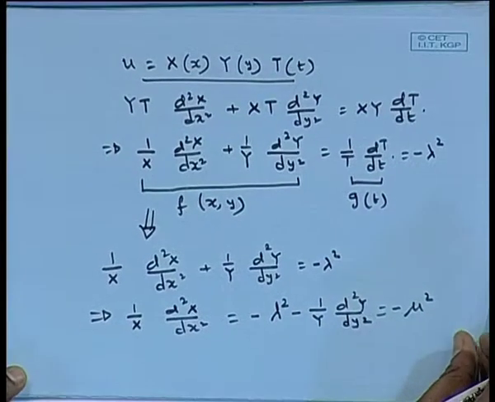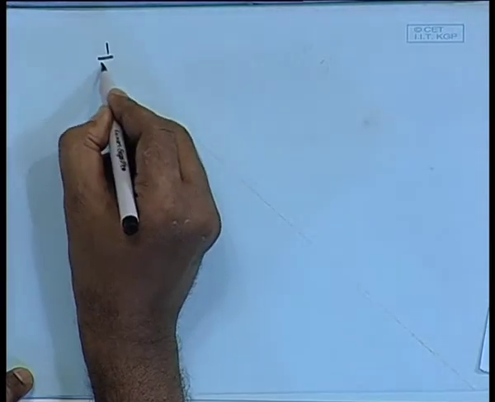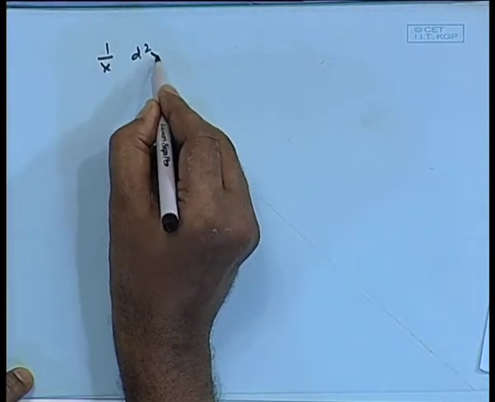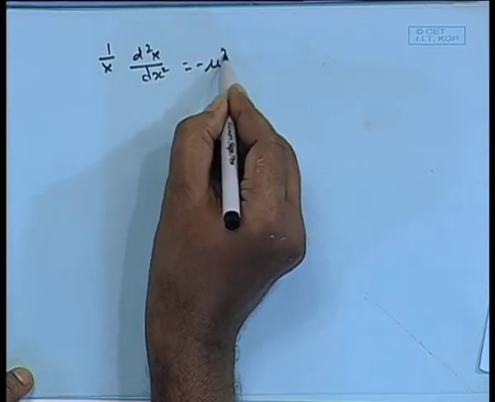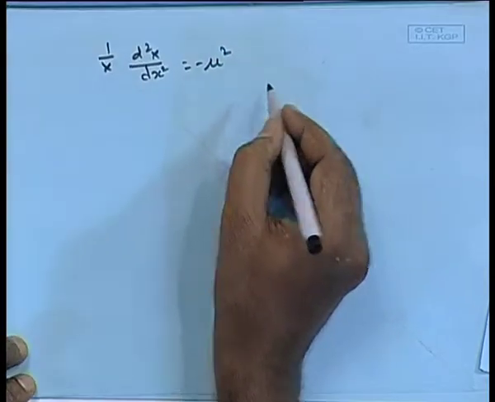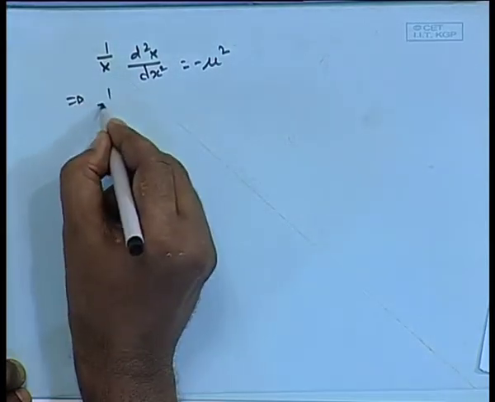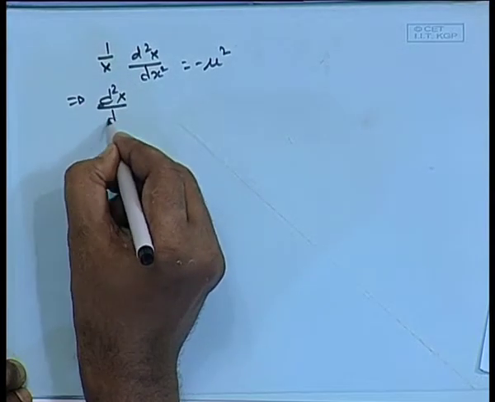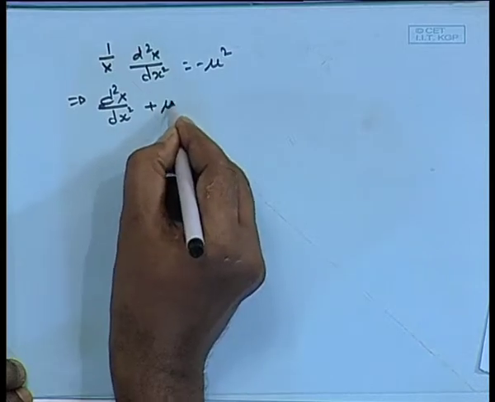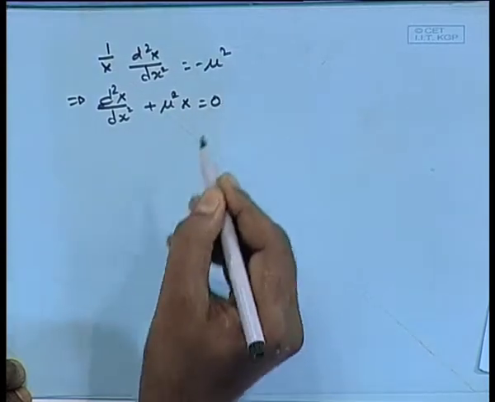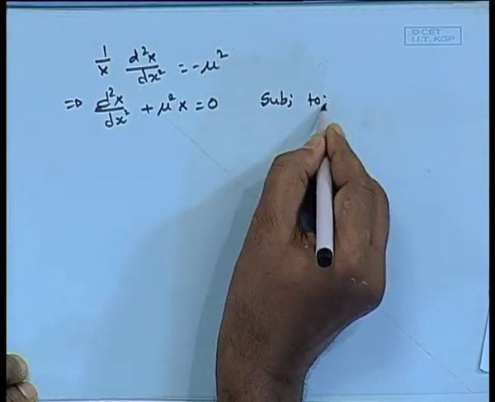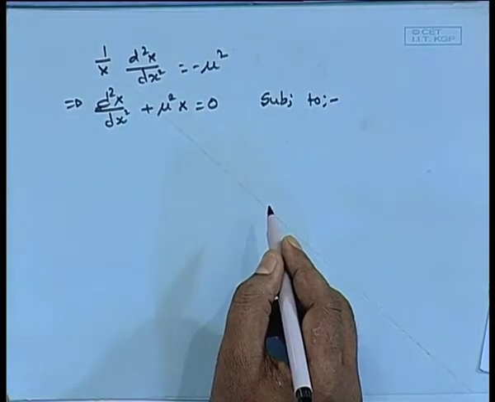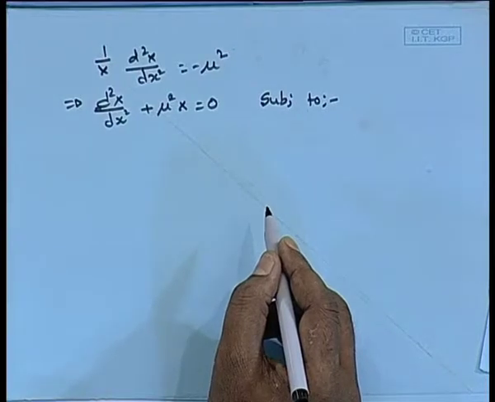Now let us solve the x containing part. 1 over x d square x dx square is equal to minus mu square. So, it will be d square x dx square plus mu square x is equal to 0, subject to the boundary conditions of the original problem.